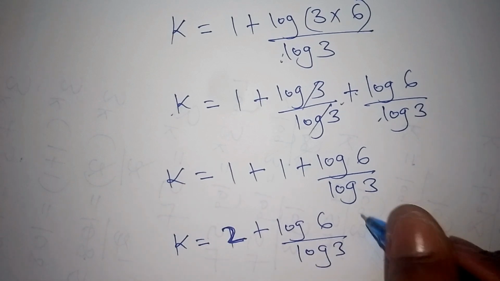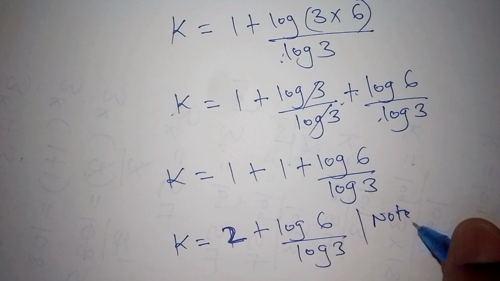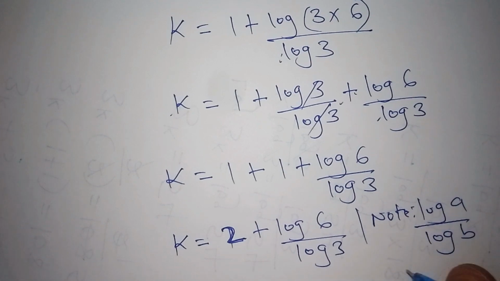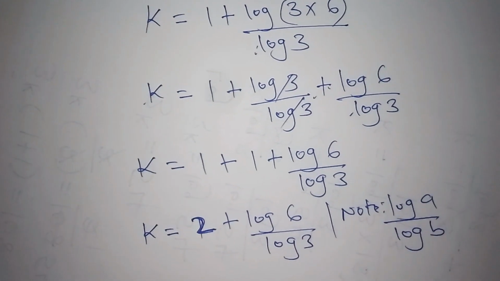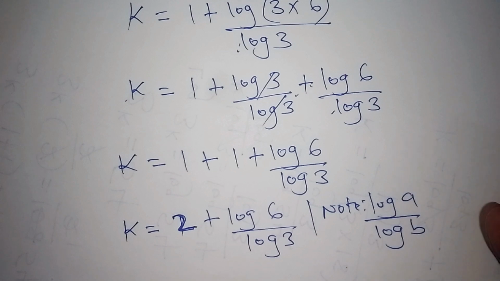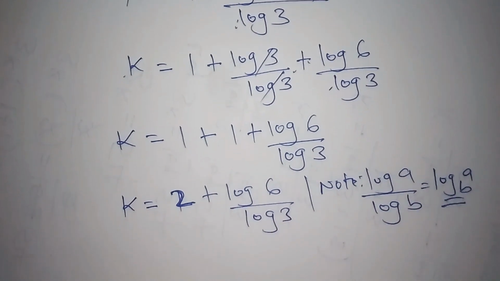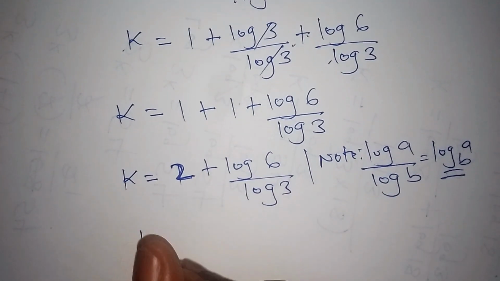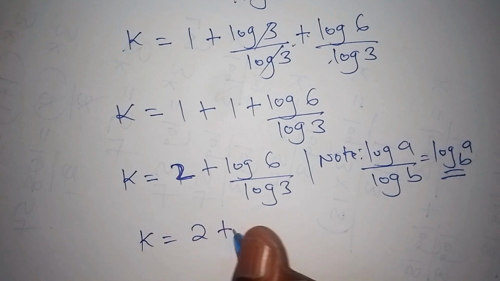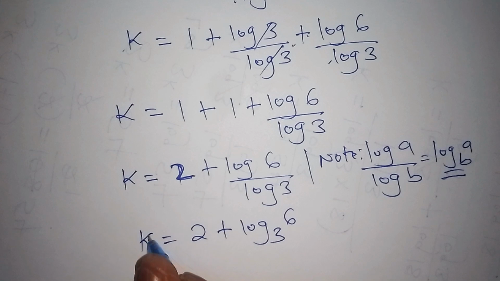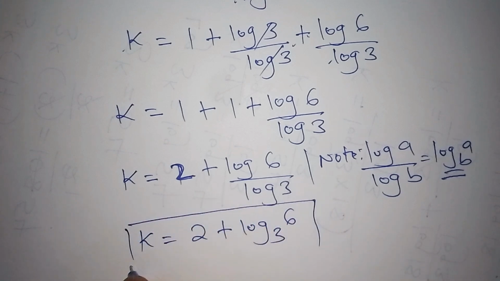Let us note that when you have log a all over log b, this can also be written as the log of a to the base of b. So in this case we have our answer: k is equal to 2 plus the log of 6 to base 3. This is our value for k.